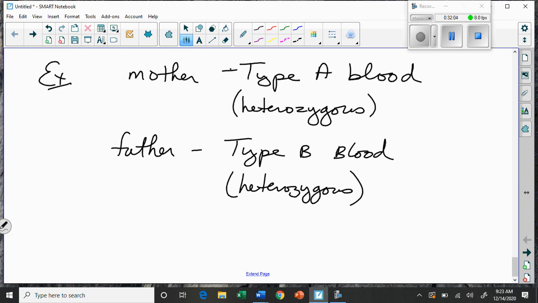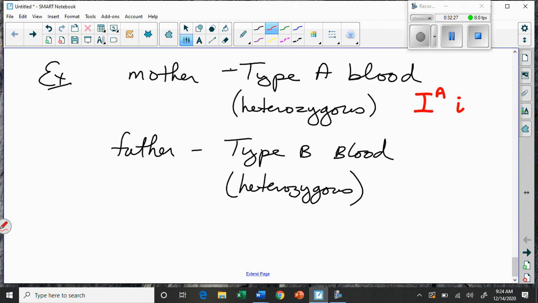What that means is we can determine their genotypes. Type A blood has to have the allele for type A, but if it's heterozygous, it has to have a different allele. And the only way you can have type A blood with a different allele is if you have the recessive version.